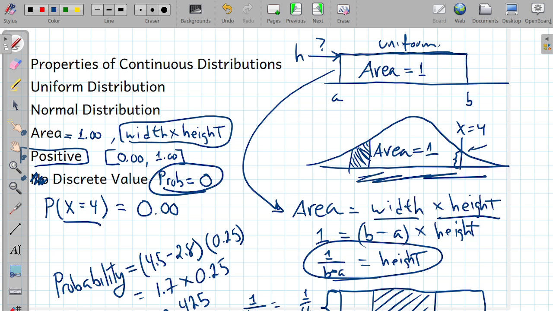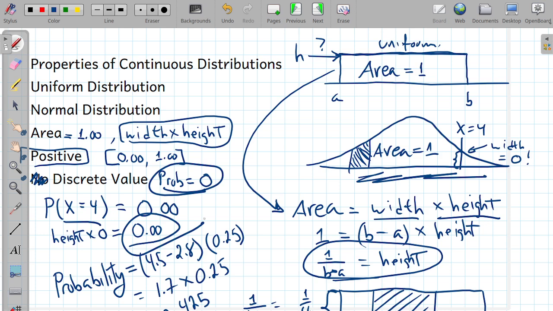What's the width? Well, that's the problem. The width here is 0, and 0 times anything is 0. So for the probability that x is exactly 4, we have some non-zero height value, but we're multiplying it by something that has no width. So we get 0.00. So if the probability distribution is continuous, equal signs don't matter.